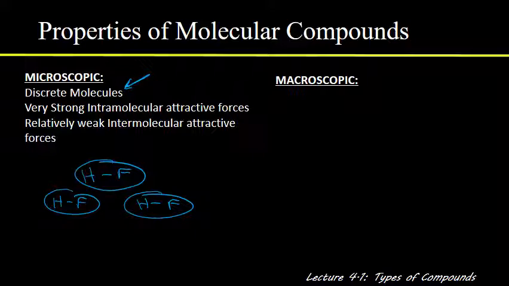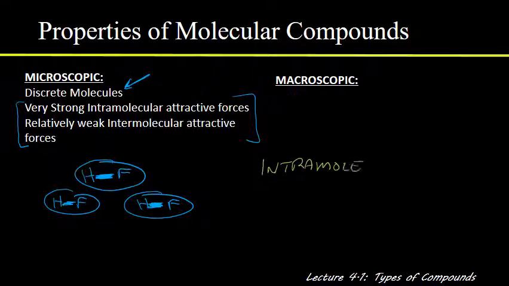What's important is that the covalent bond in the middle is a very strong force. That's what keeps them together as discrete molecules so they don't break apart into ions. And this force, remember, we talked some time ago about, is an intramolecular force.